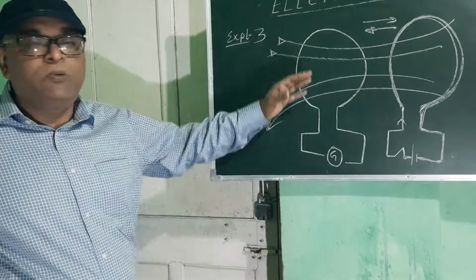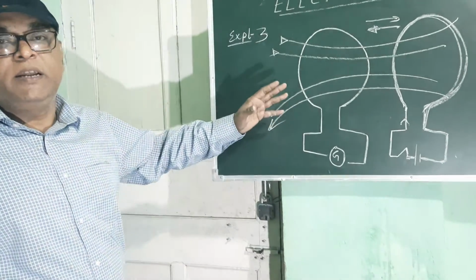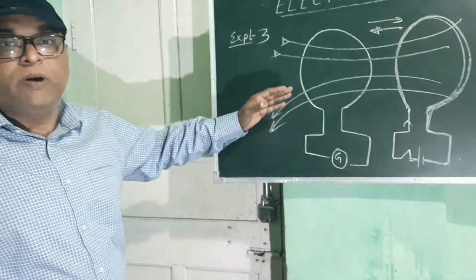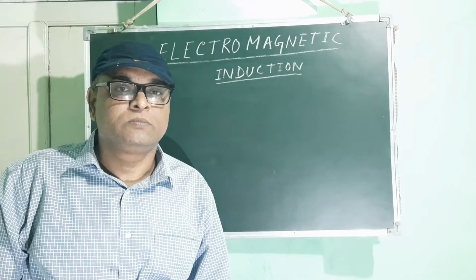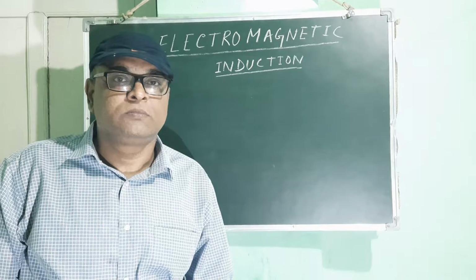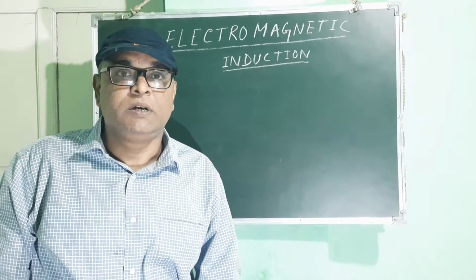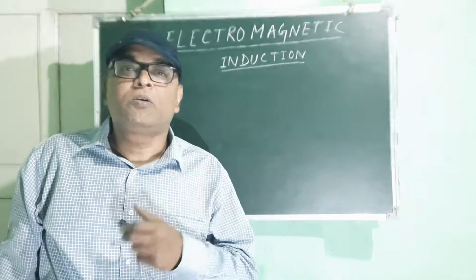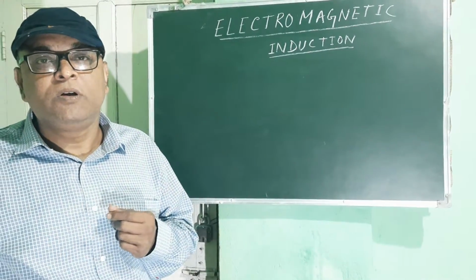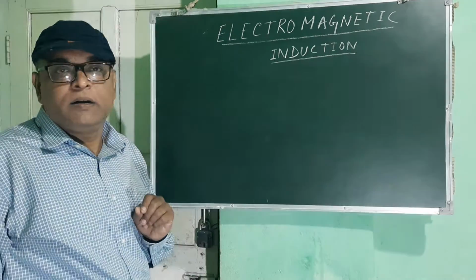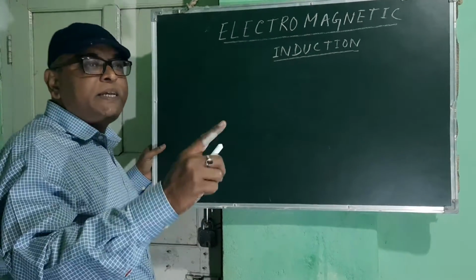We want to see one algorithm, then we can easily conclude what is happening. Just see, everyone. Now we can conclude from the 3 experiments. First, there is changing current.